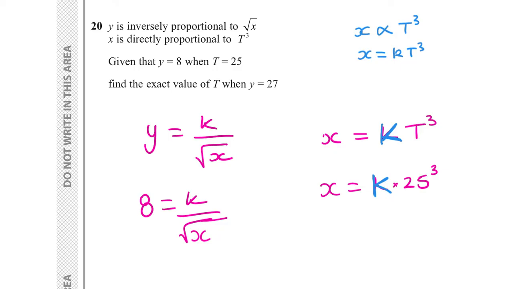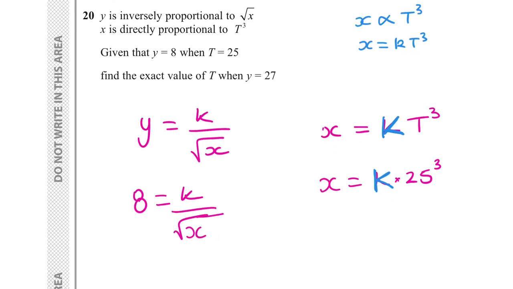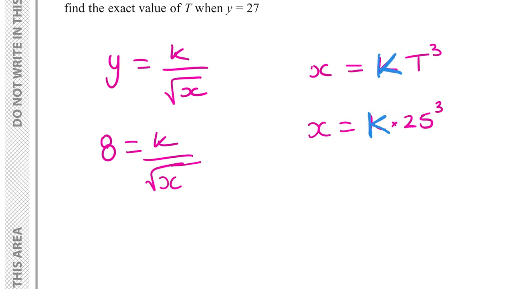Okay? So, what do we have? I have two equations here, but these two k's are different. Pink k and blue k are different k's. Different constants of proportionality. Now, what do I have? I have an x here, do I not? Yeah?